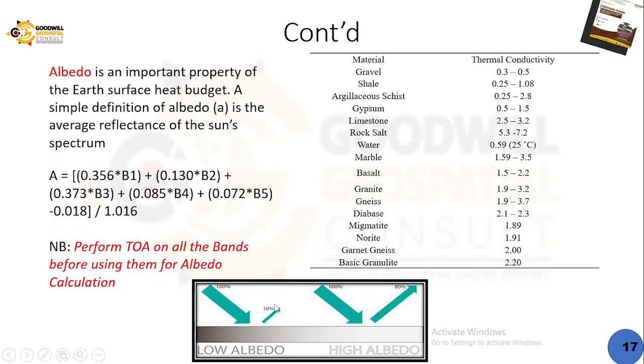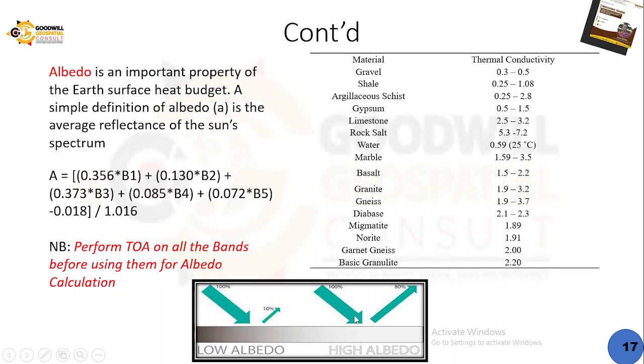And out of this 10%, a proportion is emitted to the sensor, and some proportions stay in the atmosphere, they scatter in the atmosphere. So this creates an inherent brightness in the atmosphere. So this is a low albedo effect, and this is a high albedo effect.